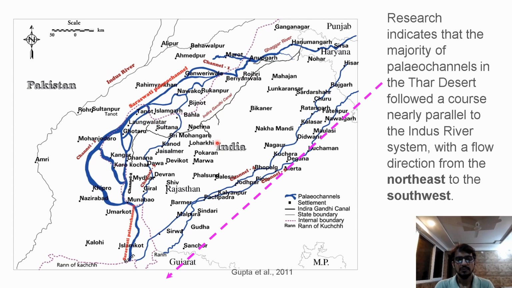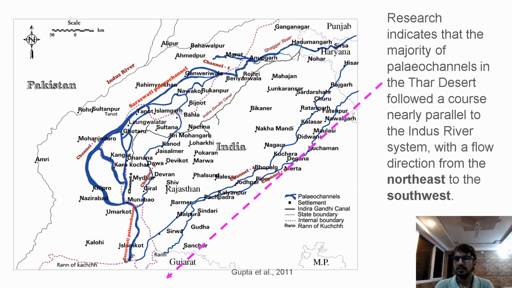Okay, this is one study about the paleochannels of the Thar Desert, which suggests that there were many paleochannels. Active rivers were there in the past, and they were mostly flowing in the same direction as the Indus, from the northeast to southwest, crossing the entire arid area of the desert and joining the Gulf of Kutch, the Rann of Kutch, and the Arabian Sea.